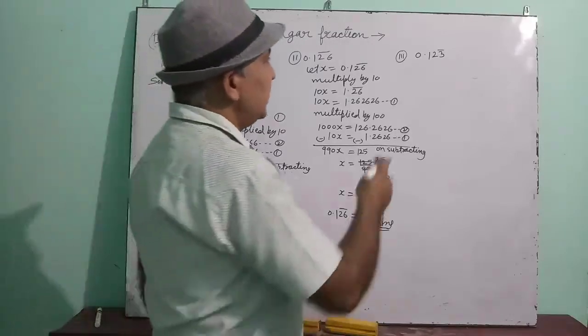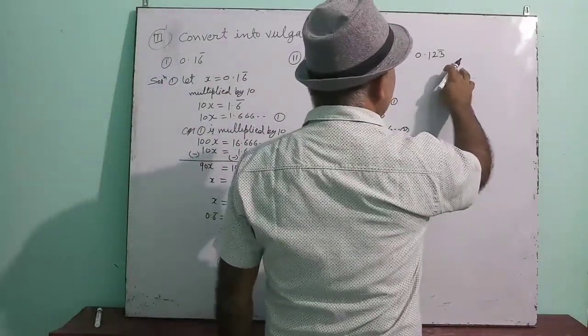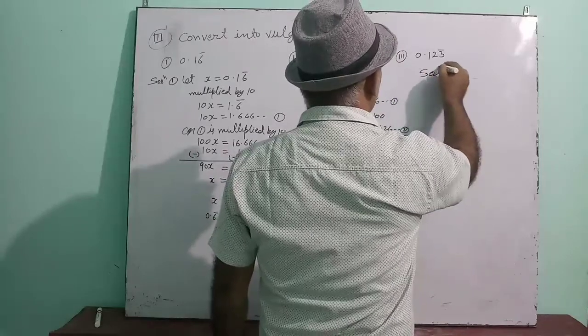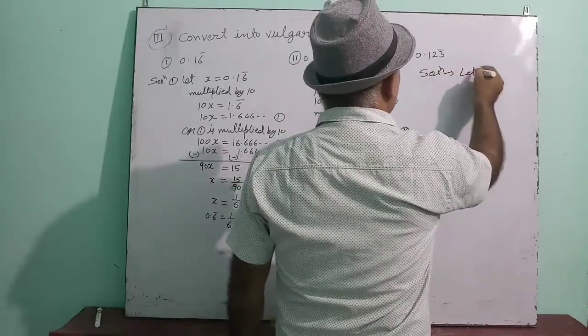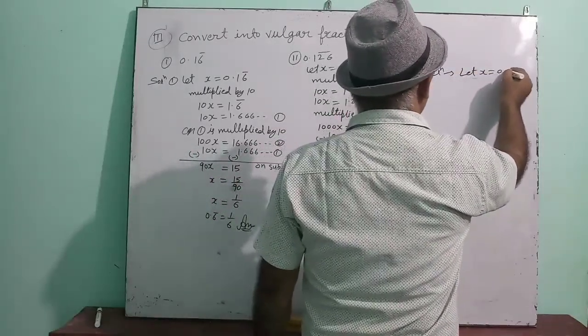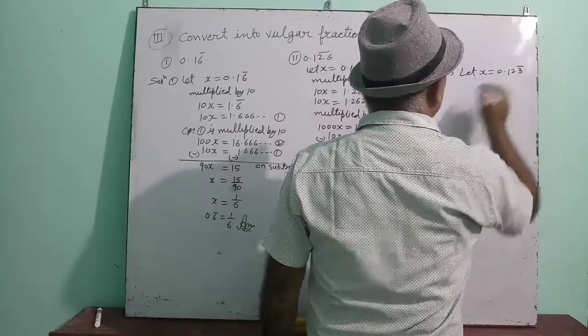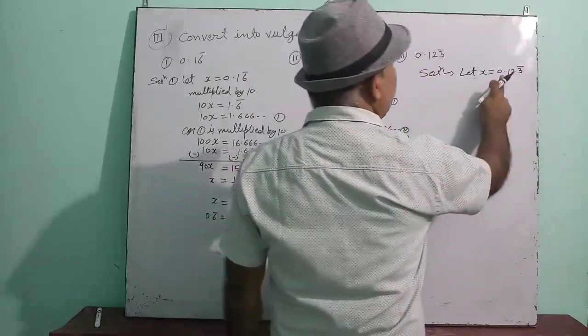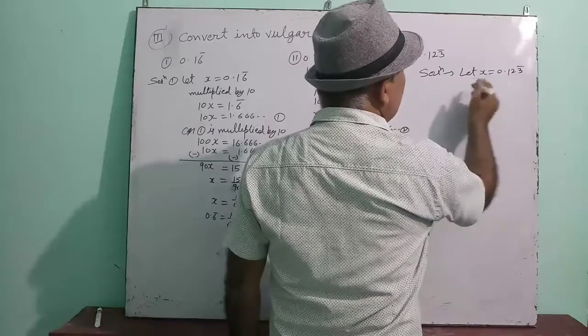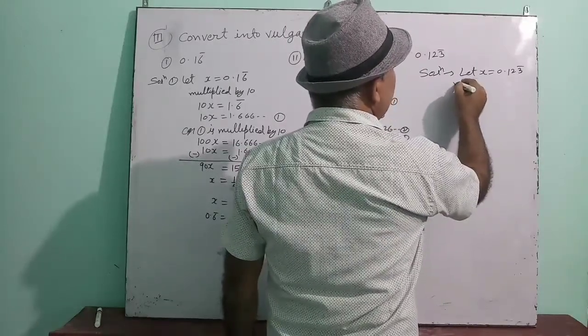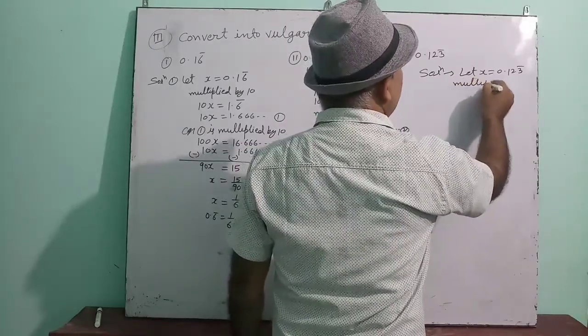Now see the last one, 0.123 bar. Again suppose that x is equal to 0.123 bar. Again we will bring the decimal just before the bar. So it will be multiplied by 100.